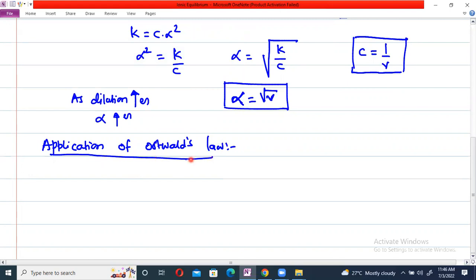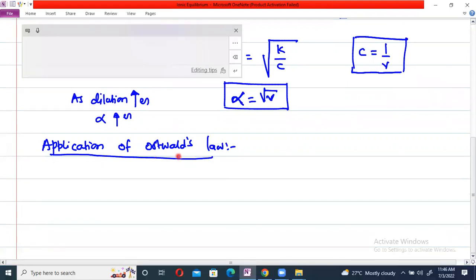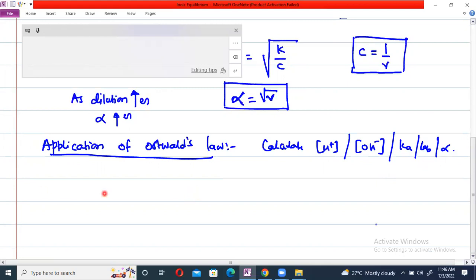Application of Ostwald law. It will be used to calculate the dissociation constant, or the concentration of H plus ion, or the concentration of OH minus ion, or Ka or Kb or alpha. One example I'll tell you here.